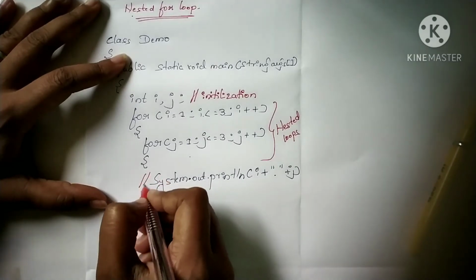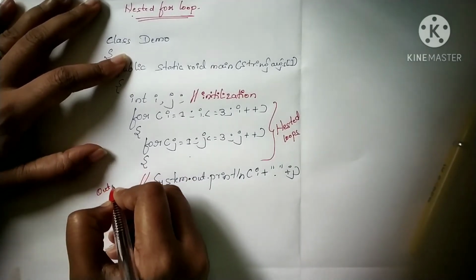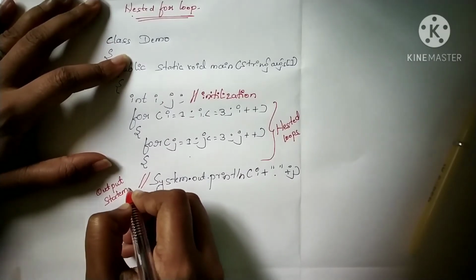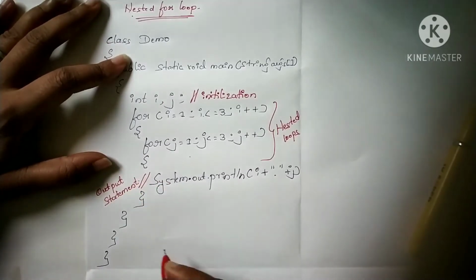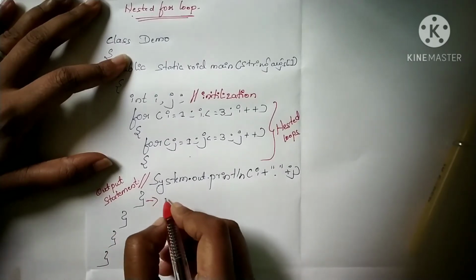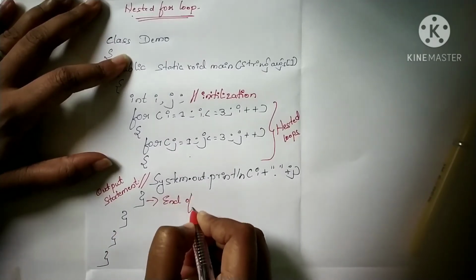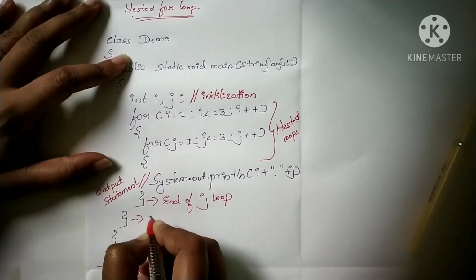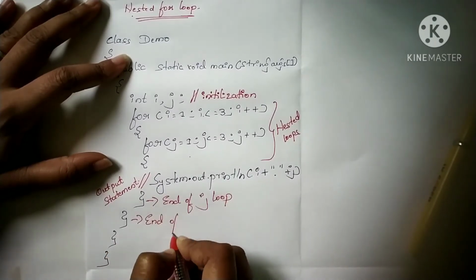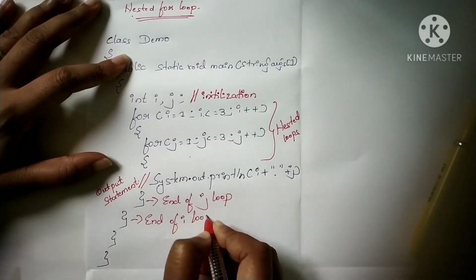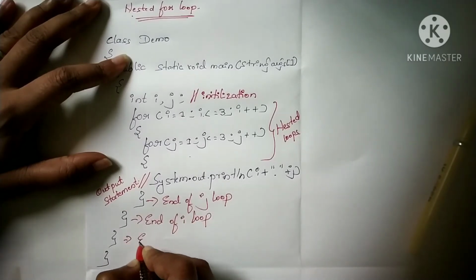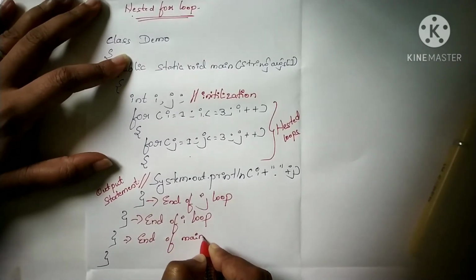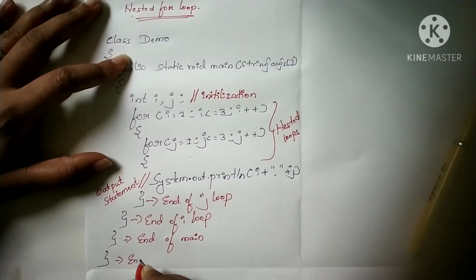This is the output statement which is going to be printed in the console. This is the end of the j loop. This is the end of the i loop. This is the end of main. This is the end of class.